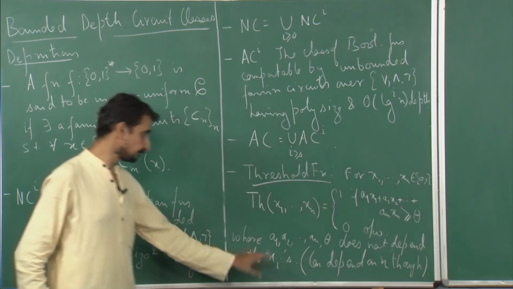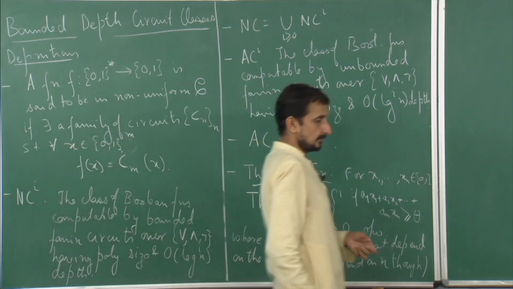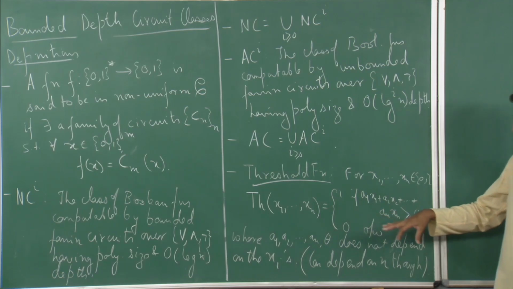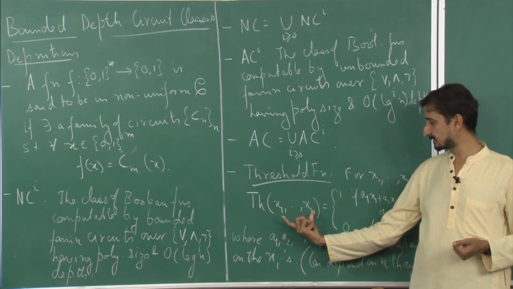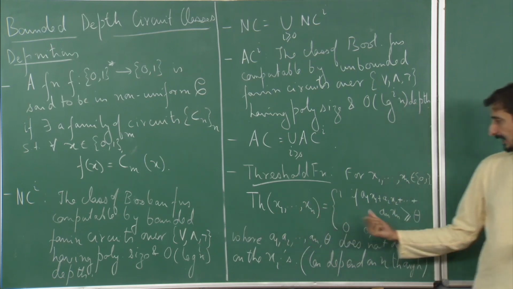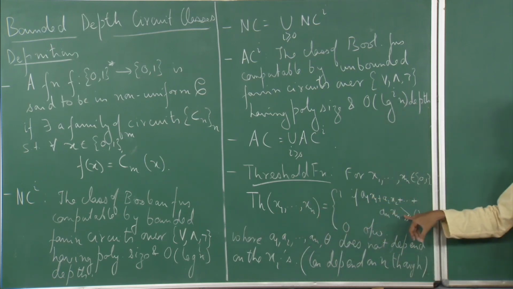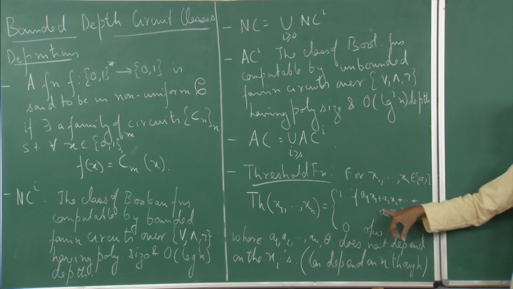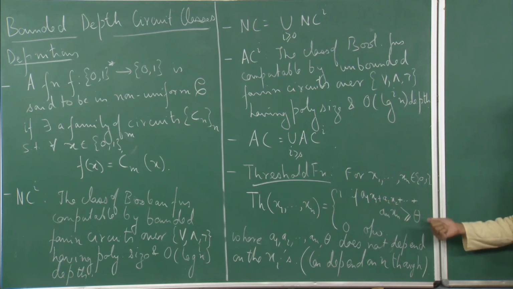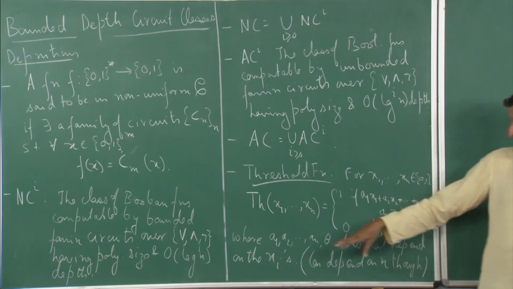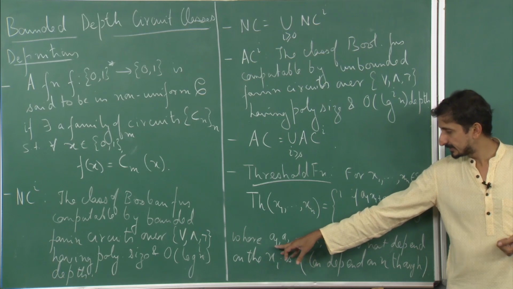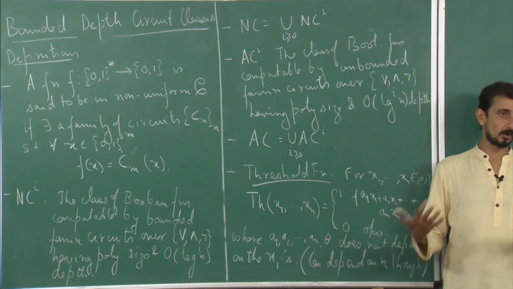Let me just explain this. We have this threshold function which takes n bits and will output 1 if this sum a1 x1 up to an xn is greater than or equal to theta, and output 0 otherwise. Think of a1 up to an and theta as constants.